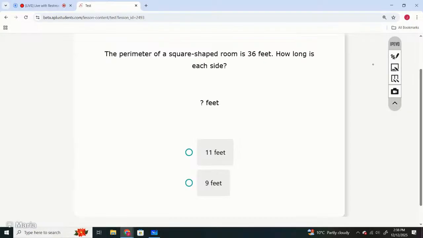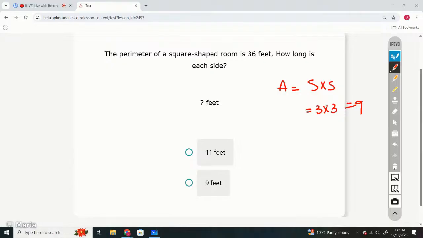The perimeter of a square room is 36 feet.